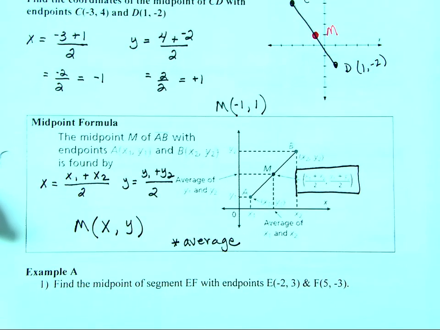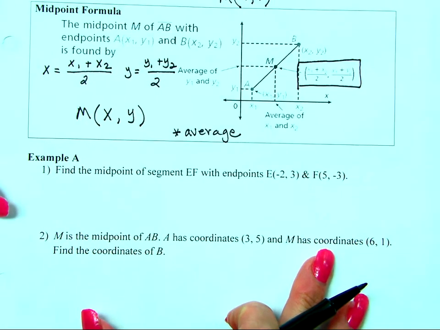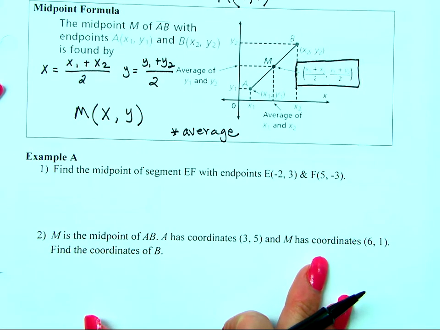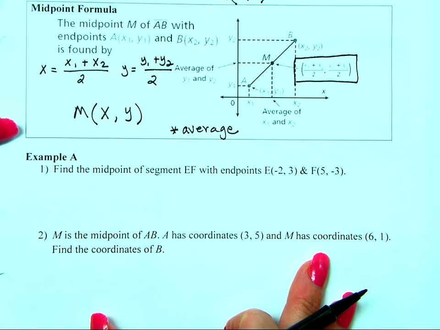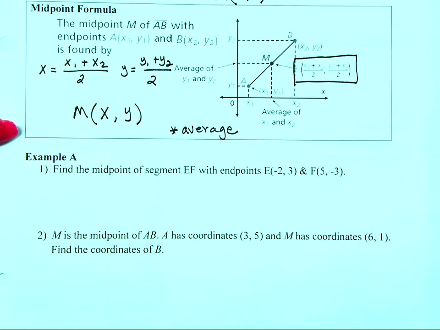So when I come down here to example A, I'm wanting to find the midpoint of my segment EF. By using my formula, I don't have to plot my points and graph it out. I can if I wanted a visual, sometimes that's helpful, but I am going to take my point E, -2, 3.